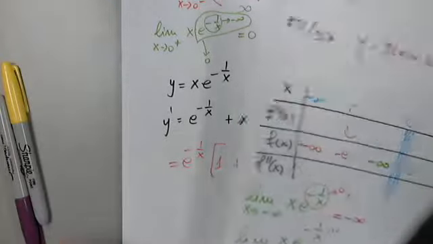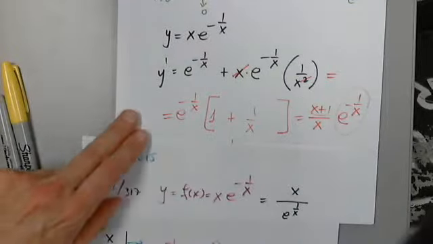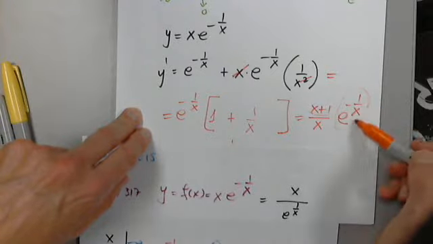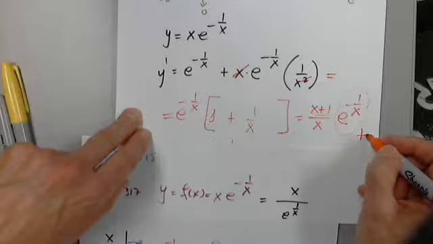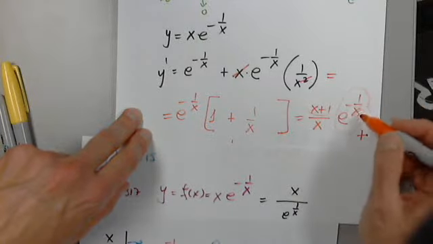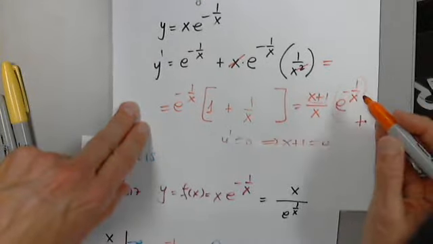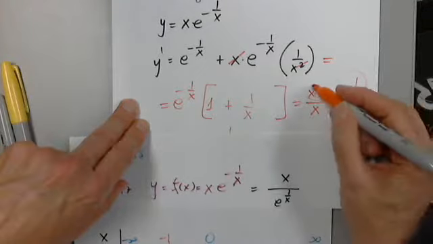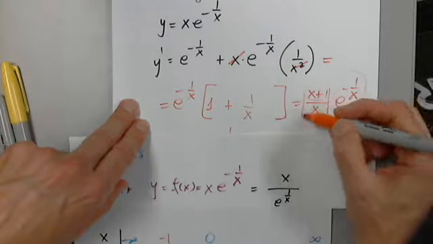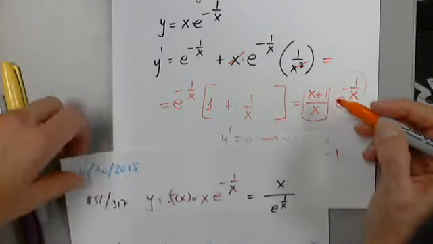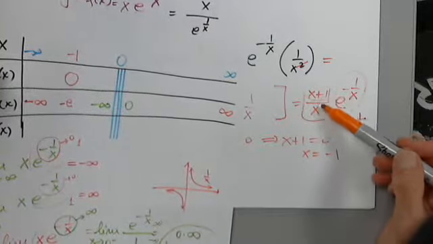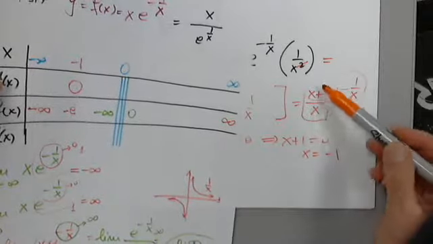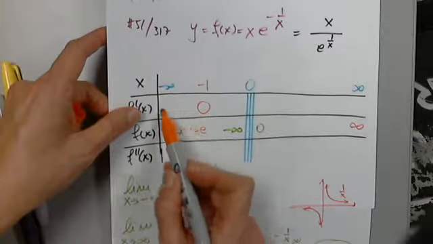Okay, now I have to study the sign. There is no point in studying the sign of this expression, it is always positive. Remember, it's a graph, right? Doesn't matter. Whatever you plug in here, this will always be positive. So this will give the sign. And this quantity can be positive and can be negative. So let's plug in a number to the left, negative 10. Negative 10 plus 1 over negative 10. What will be the sign of this expression so I can put it here?